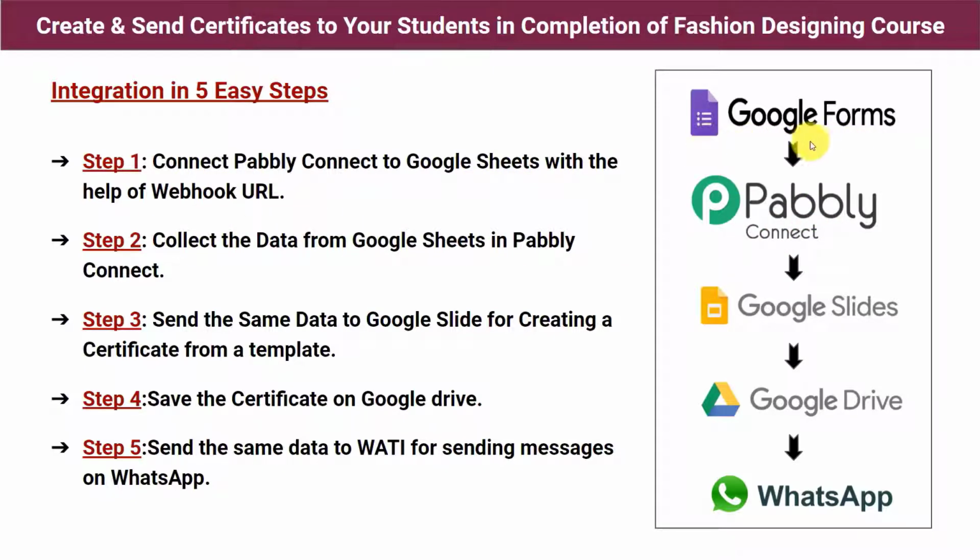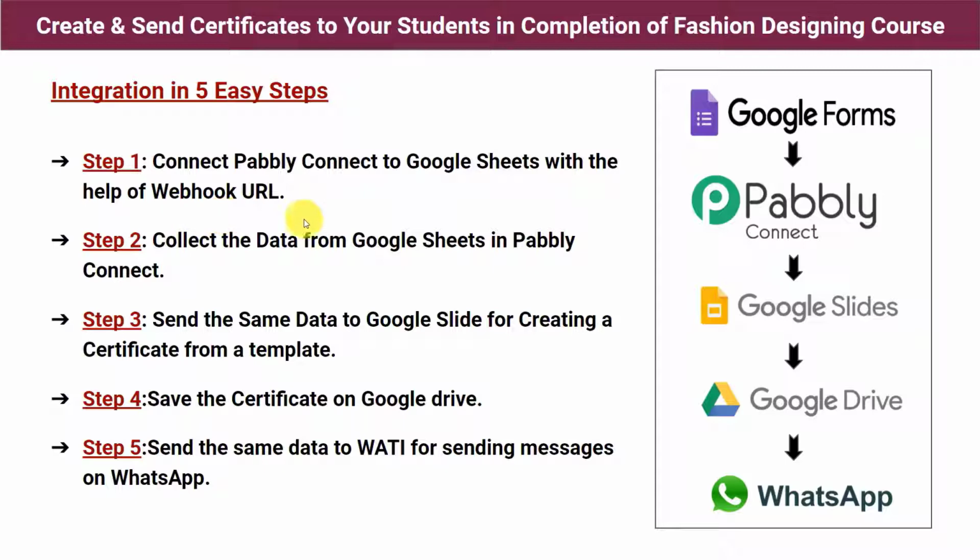Now here I have written Google Forms. So why am I telling you to integrate Google Sheets with Pabbly Connect? Because in the Google Form where we have created our form, under the response section, you can see a Google Sheet can be opened from there. So as soon as the form is filled by the student, the data of the student will automatically get saved in the Google Sheet, and then we have to link that particular Google Sheet with Pabbly Connect with the help of webhook URL.